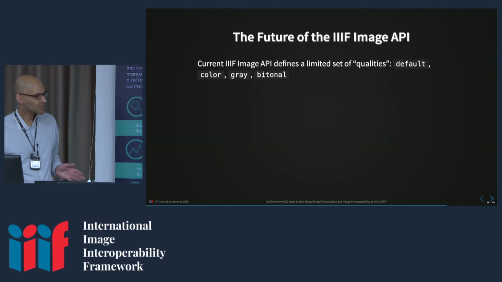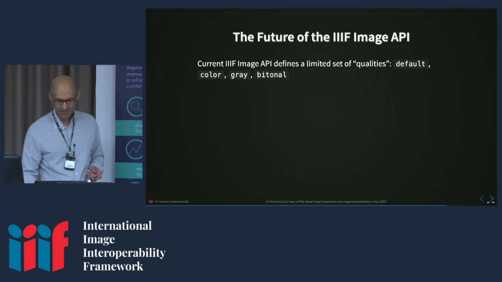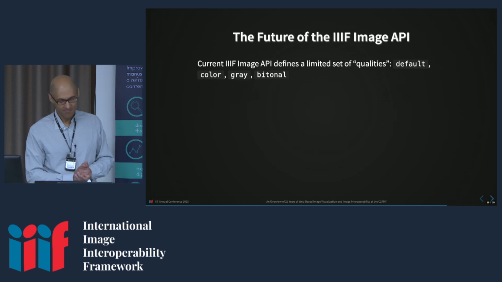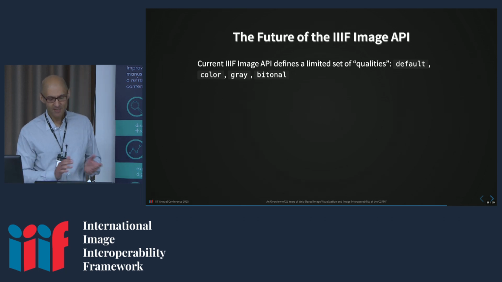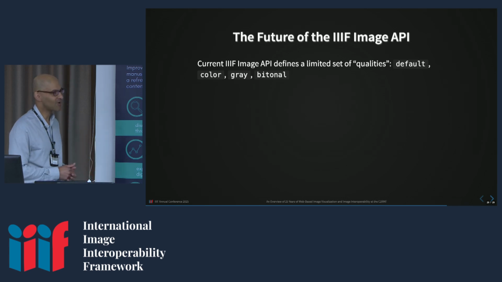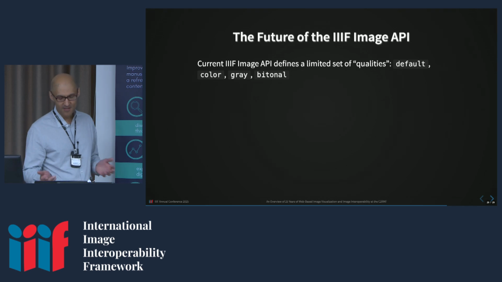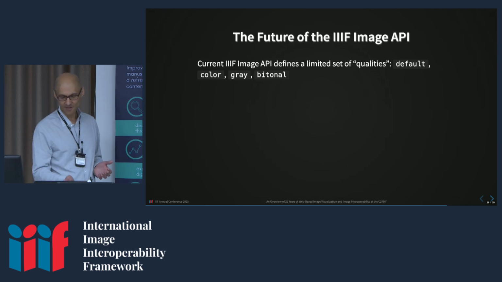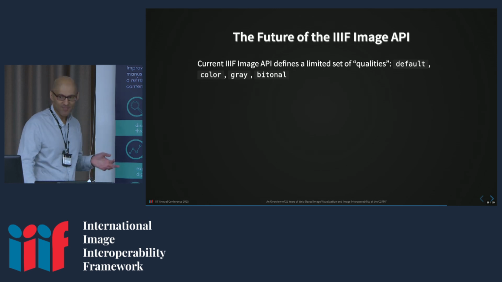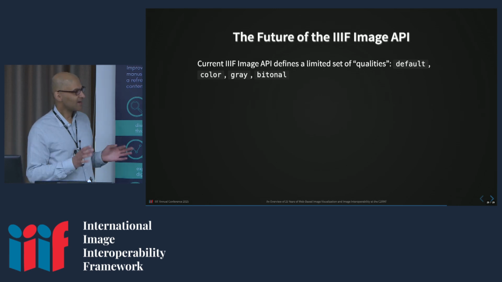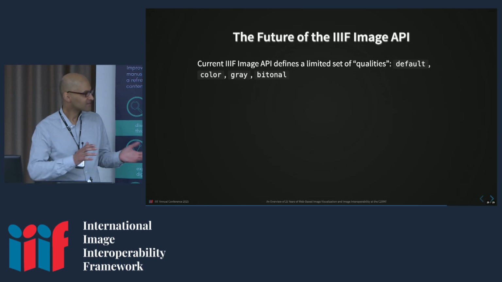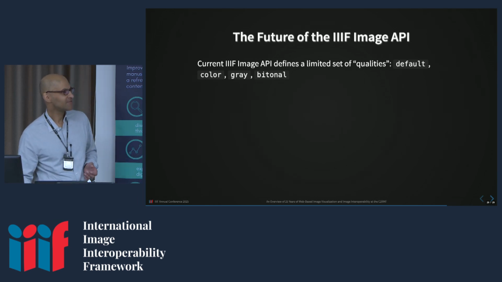I said there were some IIIF enhancements in this latest release. The current Image API defines a limited set of qualities. This has been around since version 1 of IIIF, so it hasn't really evolved. You have color, gray, bitonal. The spec allows you to add extra qualities; there's a field for extra qualities. No one seems to actually have used this until now.